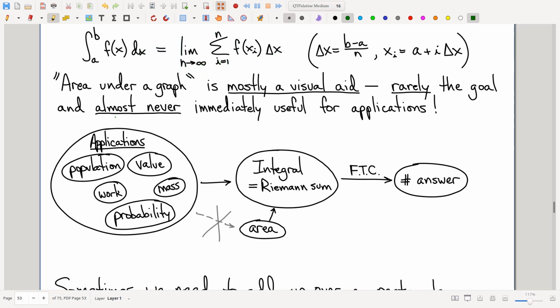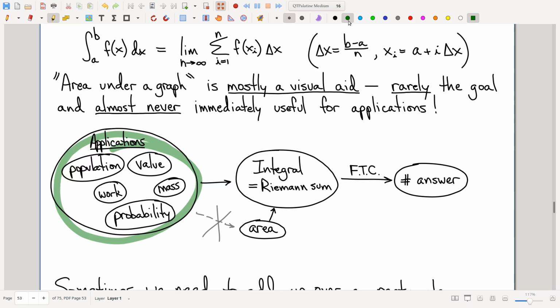Here's the short version. This idea of thinking of integrals as representing area is fundamentally not right. That is one of many applications and not a particularly useful one. Be blunt about it. The great majority of applications have nothing to do with area.